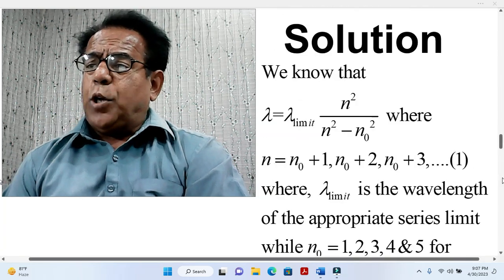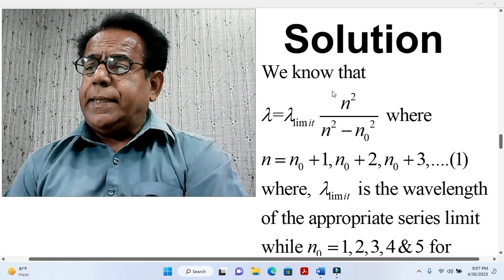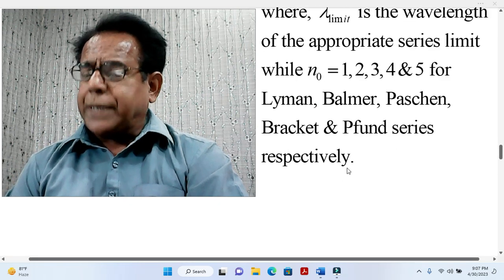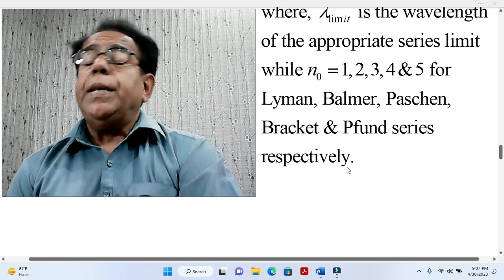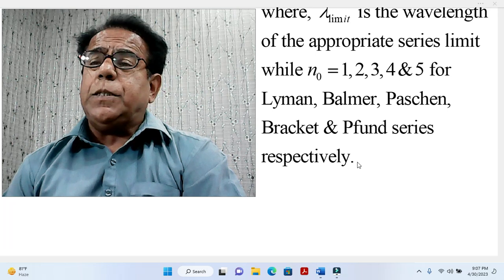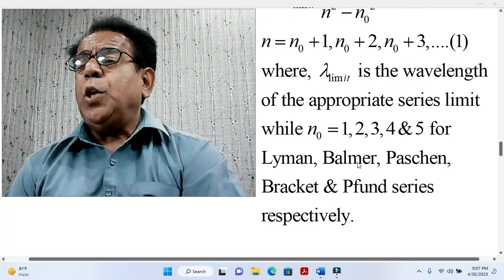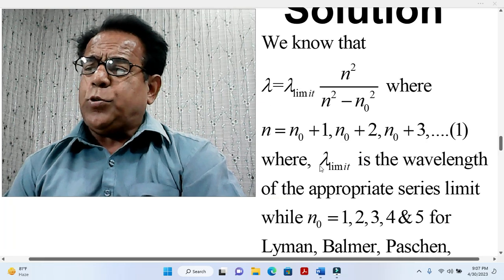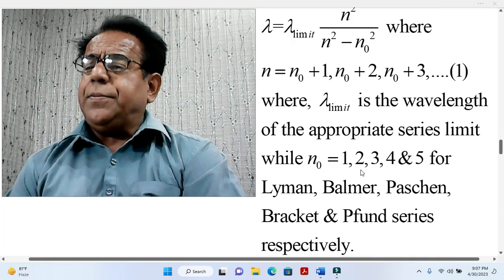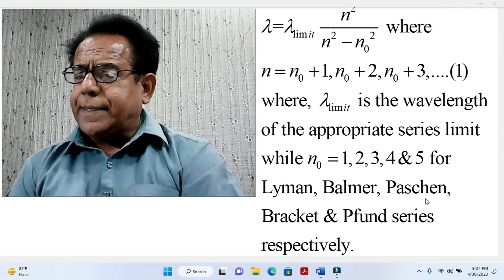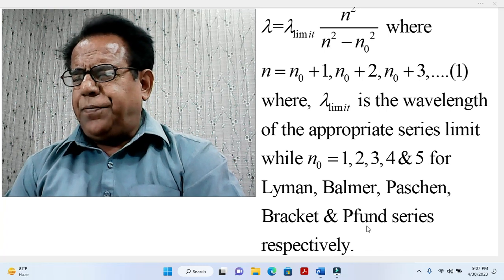This wording will be repeated many times in our next many problems, because this is a combined situation which deals with Lyman series, Balmer series, Paschen series, Brackett series, and Pfund series.